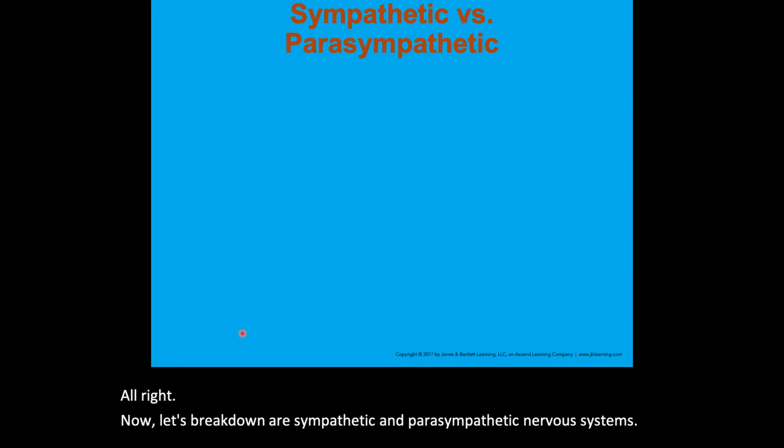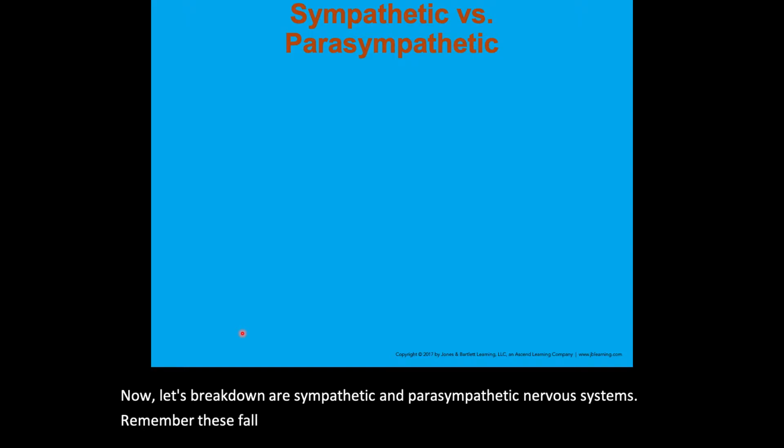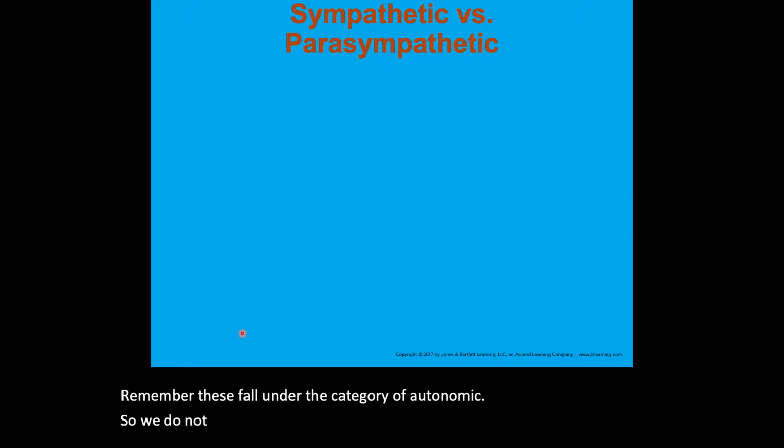All right. Now let's break down our sympathetic and parasympathetic nervous systems. Remember, these fall under the category of autonomic. So we do not have very much control over these particular functions.